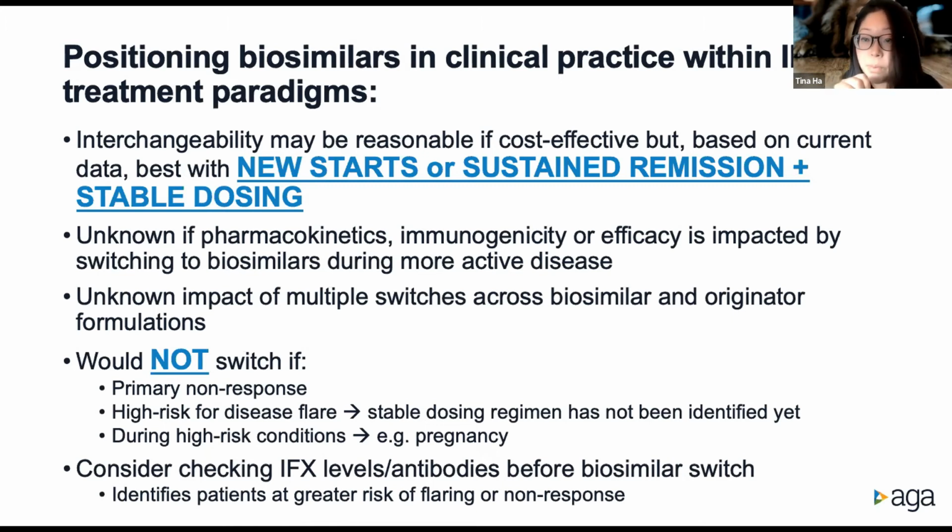But the 4th bullet point is where we're emphasizing areas where we would not switch: primary non-response, and high-risk disease flare if a stable dosing regimen has not been identified yet. However, there may be a little bit of context there, because that alludes to the example that you gave, Bincy. If there is no other choice and you have to use the biosimilar, even if they have active disease, you can still optimize the dosing of the biosimilar the same way that you would optimize the dosing of the reference product.